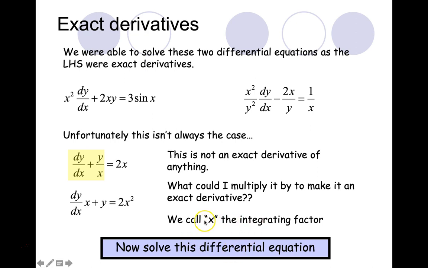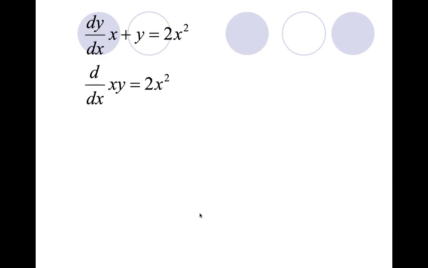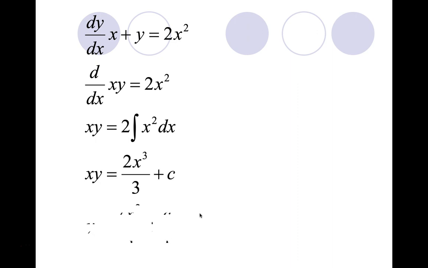We call the factor x that we have multiplied all through here an integrating factor. We have multiplied all through this equation by x, so we call the x an integrating factor of this differential equation, which we can solve as we have here. I have already explained that, so I am just showing how to solve it again.